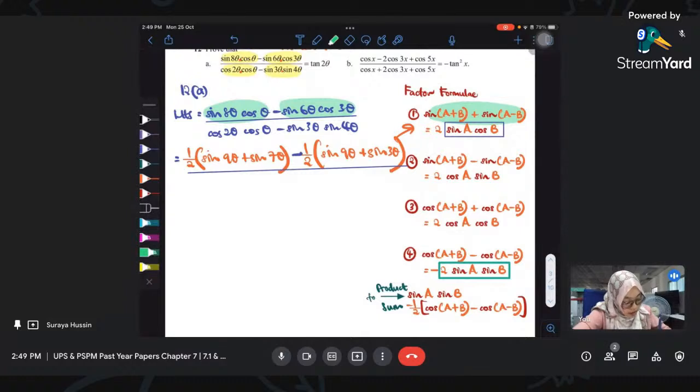Now, cos minus cos. Cos minus cos is over here. Cos minus cos pula. Cos times cos. Cos times cos is over here. So 1 over 2 times it with cos.